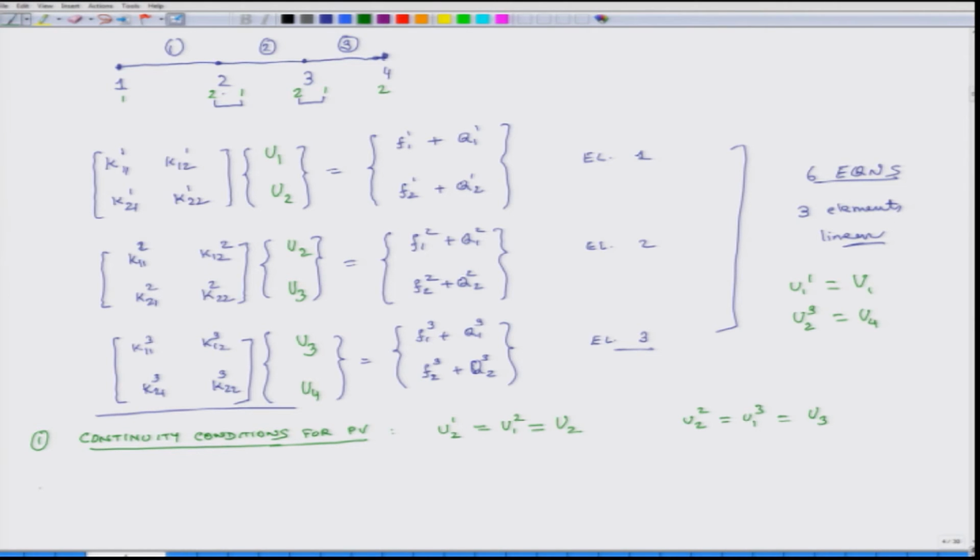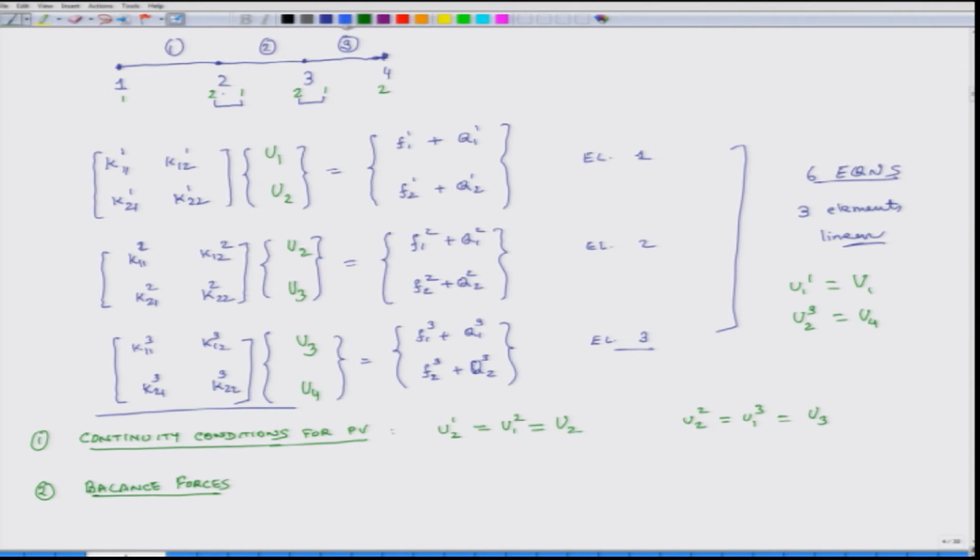The second thing I do is balance forces. Second thing is that I balance forces. What does that mean? Okay.